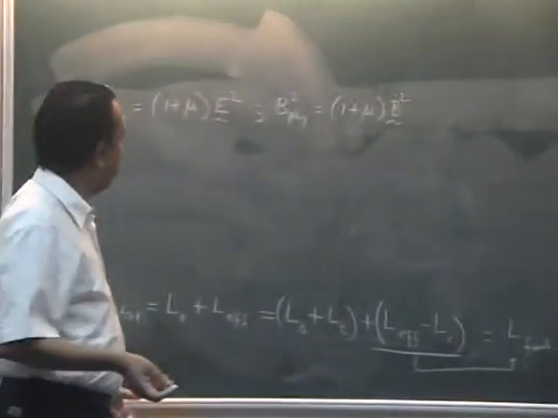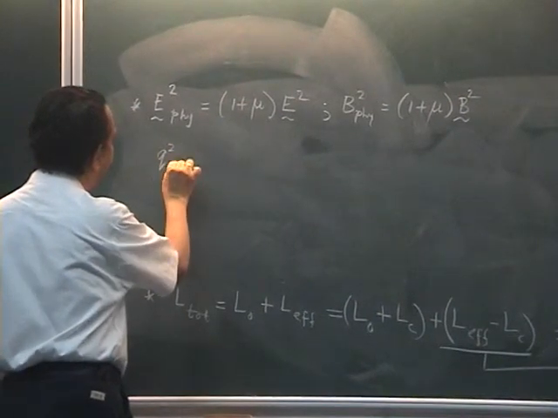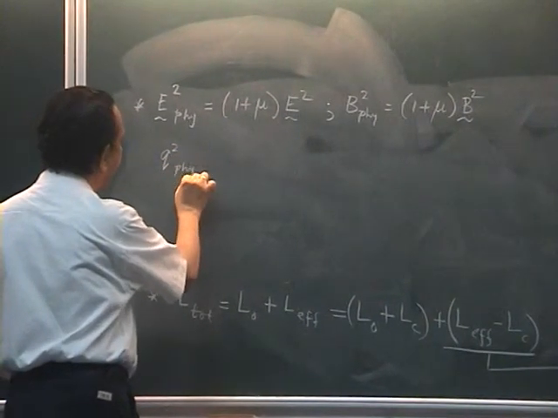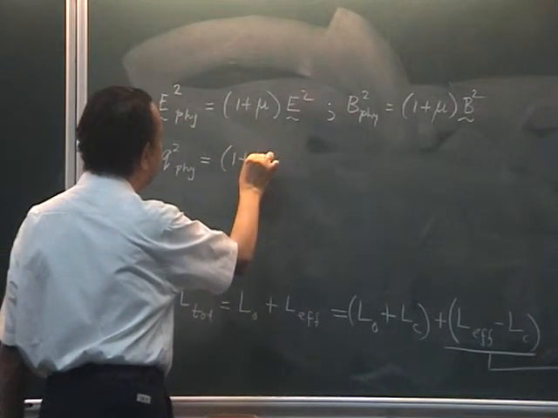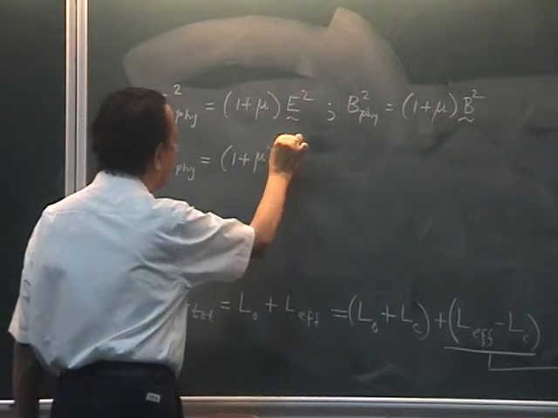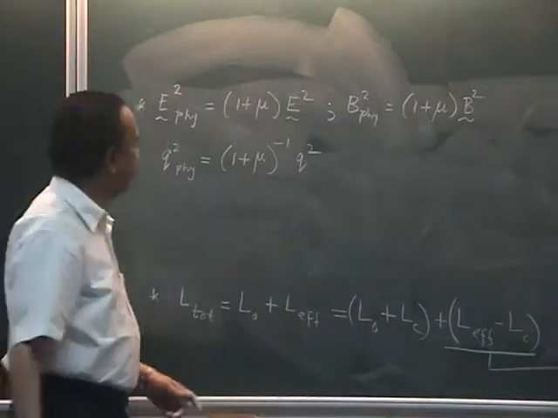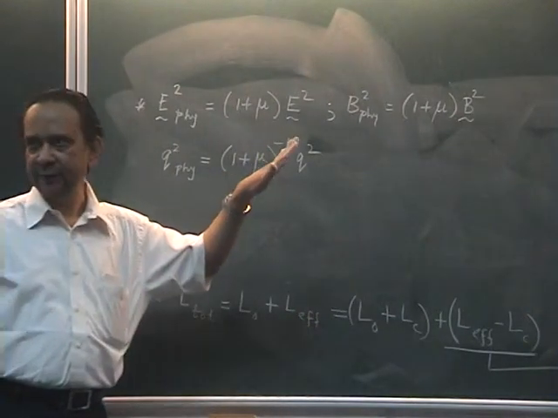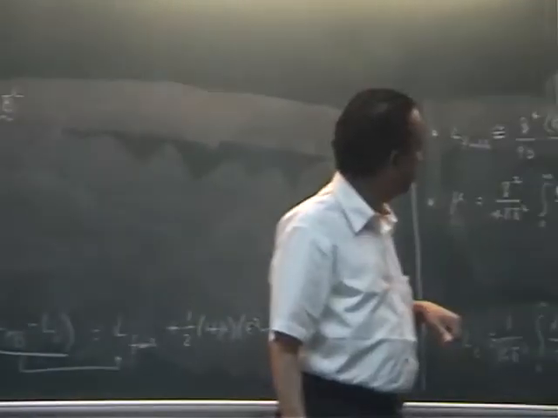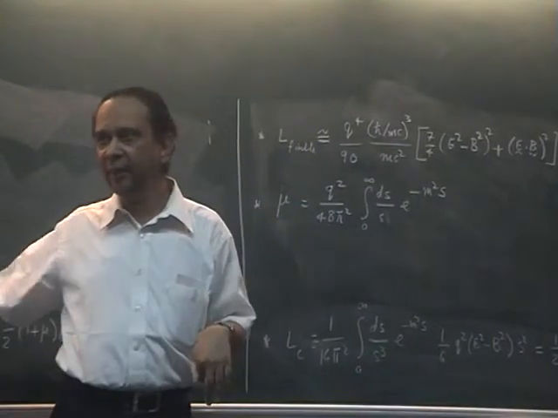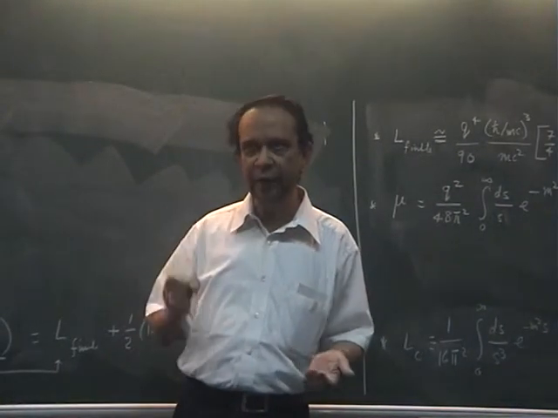But in order to compensate for this, you have to make Q square physical the same thing with reverse, 1 plus mu to the minus 1 times the original Q square. This is needed because QE and QB should not change. So the finite part of the Lagrangian which we wrote down, I have wiped it out, but the finite part of the Lagrangian had QB's and QE's with an integration over s.